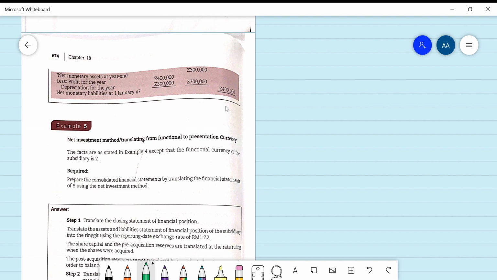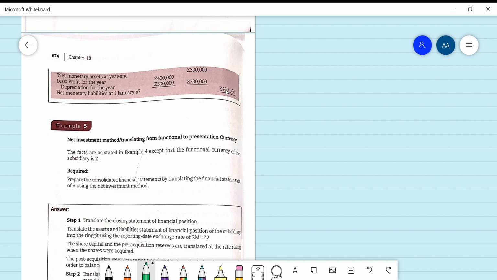So it means that the subsidiary's functional currency is the same as the parent's functional currency, and the subsidiary is regarded as an extension of the parent, whereby not all significant activities could be undertaken by the subsidiary.